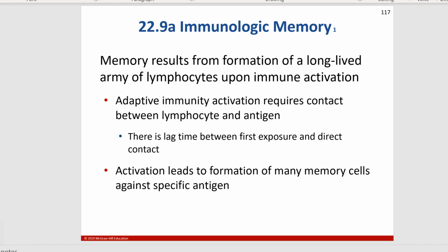So the first time you're exposed to something, you will catch the disease, unless you're immunized against it, because immunization is meant to mimic that first time. The first time is when you start to make antibodies.